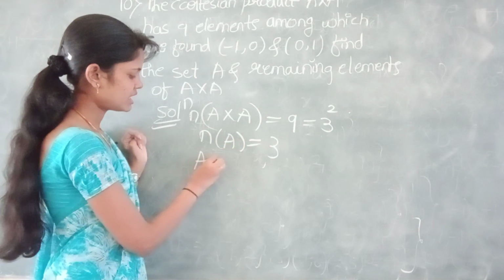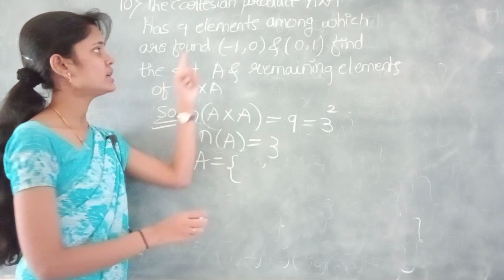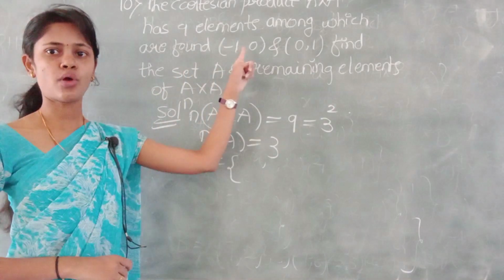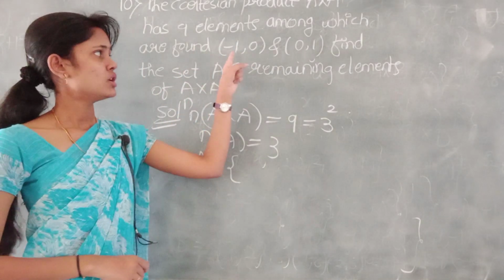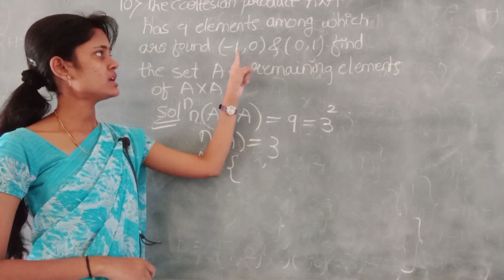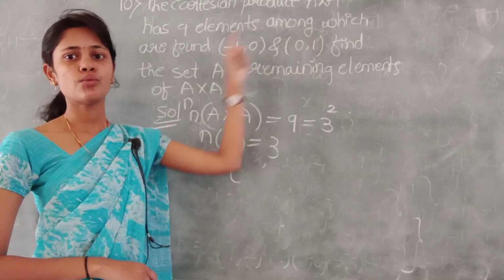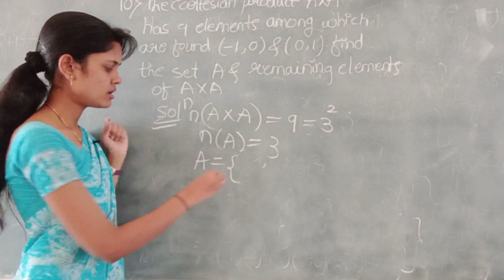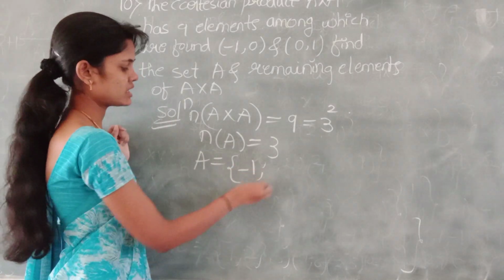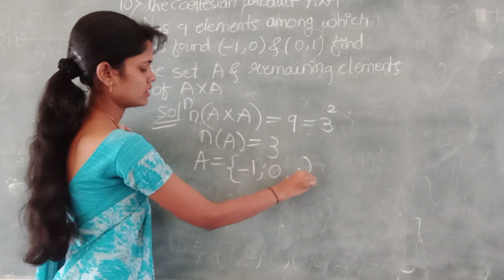Therefore the set A can be written as follows. Already some elements are given from the ordered pairs, so selecting from them -1, 0, 0, 1, 0 is repeated. So what will be the elements? -1, 0, 1, right?